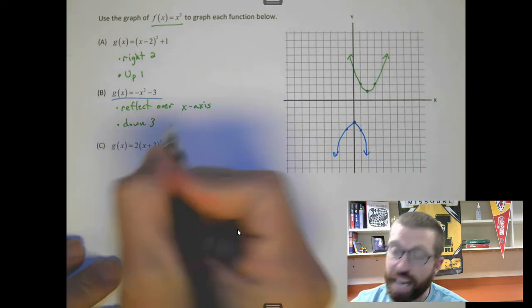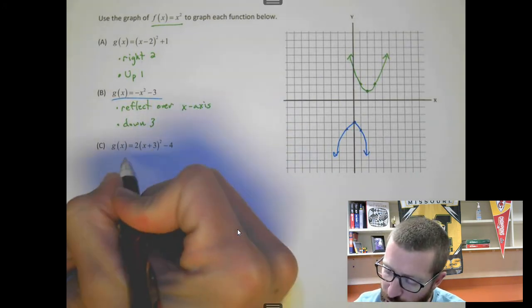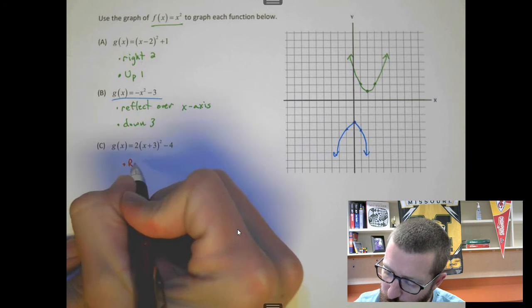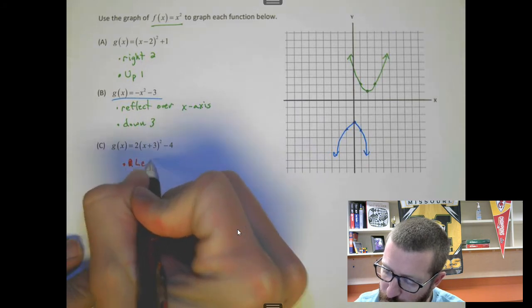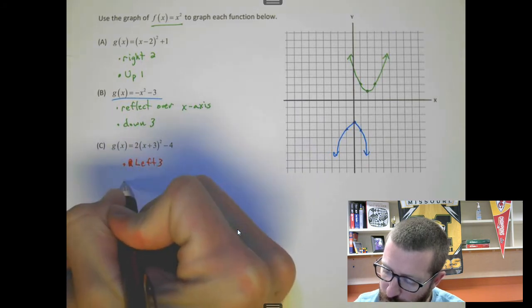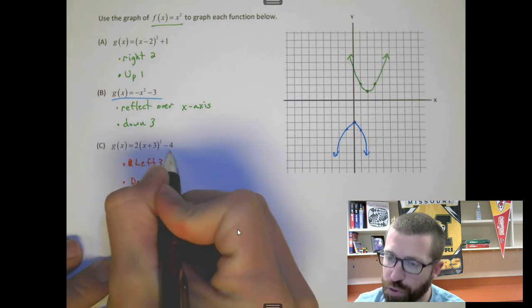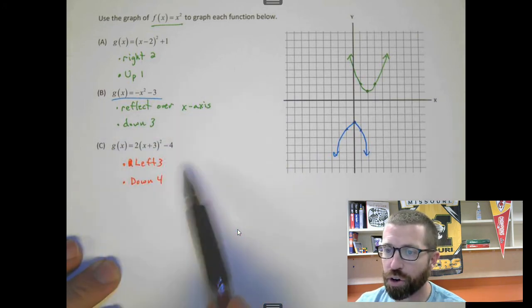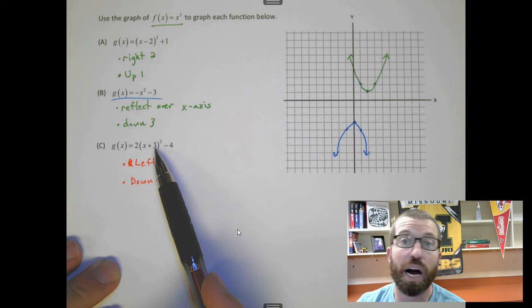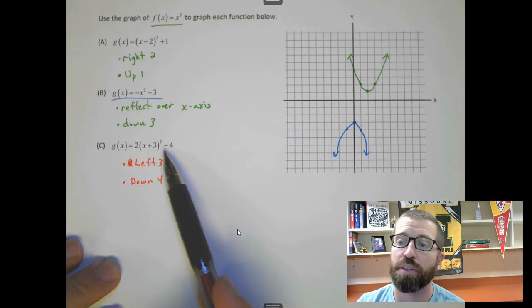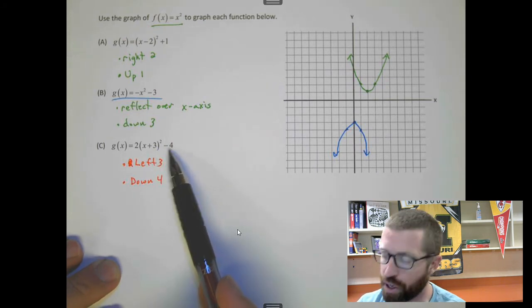And then on the last one, the 3 inside is going to go left 3. And then down 4. Make sure that we are changing the sign, or doing kind of the opposite of the sign here. And then here we are keeping the sign.